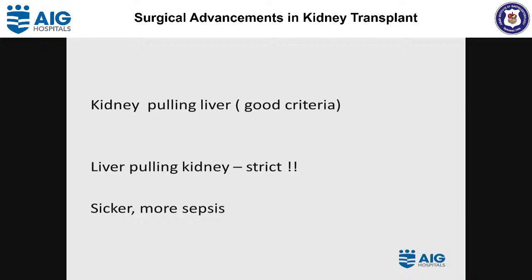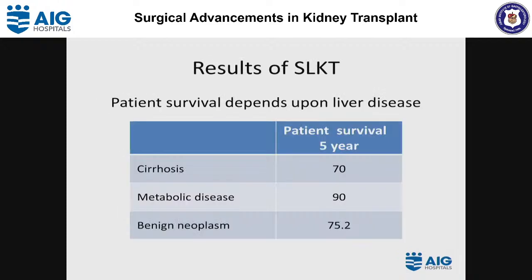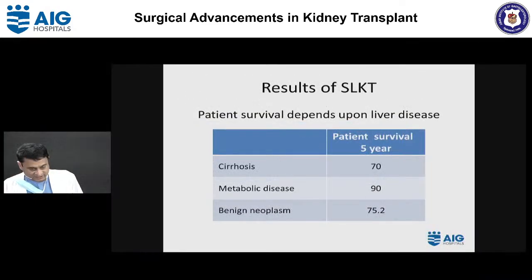Patients are sicker, more septic. And if you look at the results of SLKT, patients with bad cirrhosis who undergo SLKT have a pretty good 5-year survival, 70%. With metabolic diseases, they are the easiest subgroup. You can easily get 90% survival.